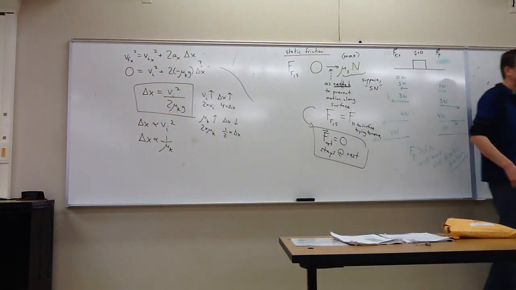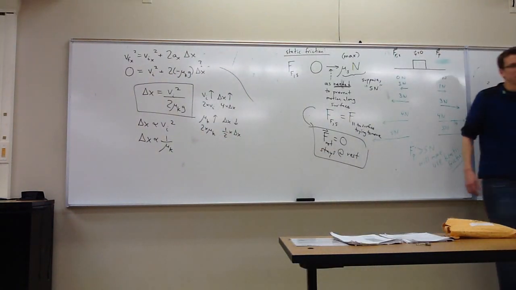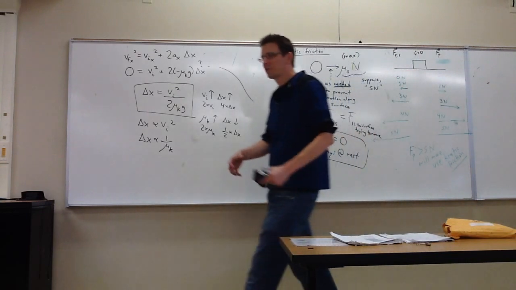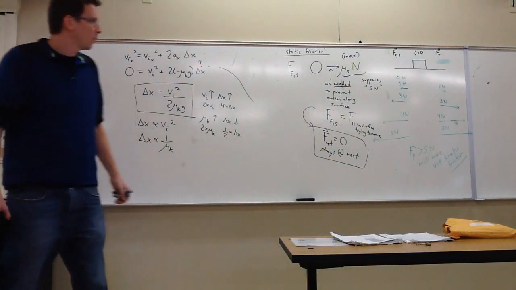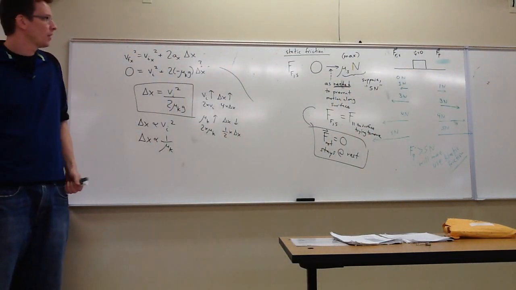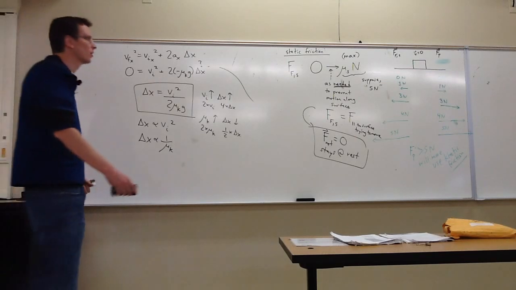So I'll come back to that later and talk about comparing and contrasting the two types of friction. But for right now, I want to do an example problem with static friction.